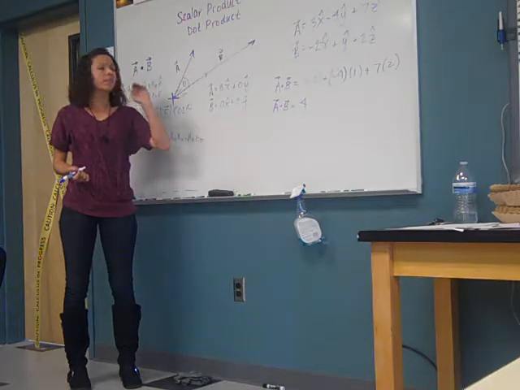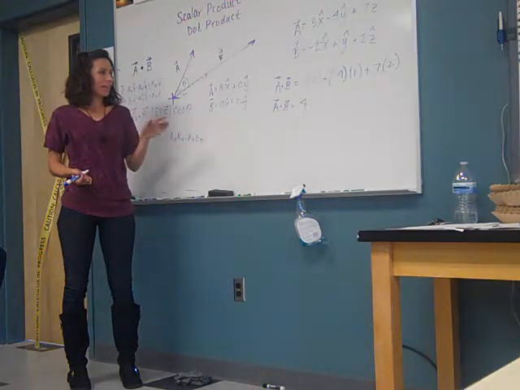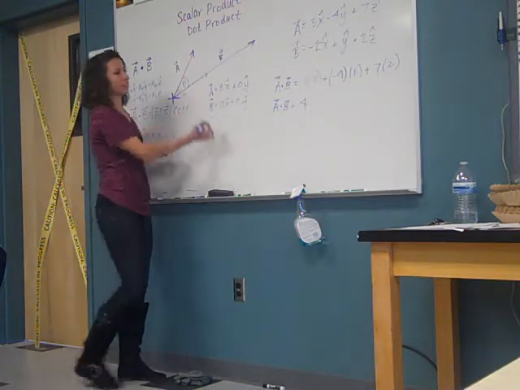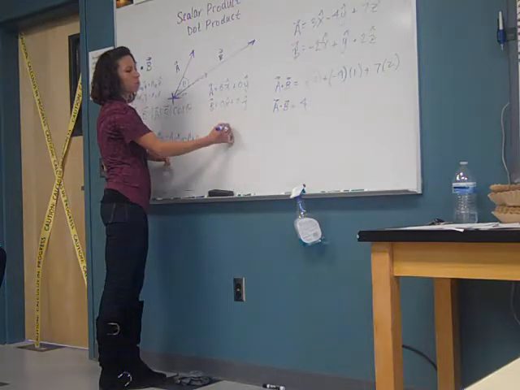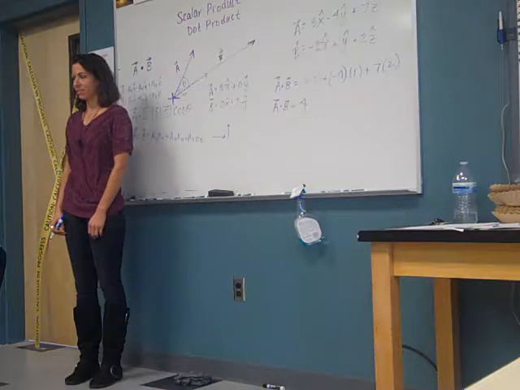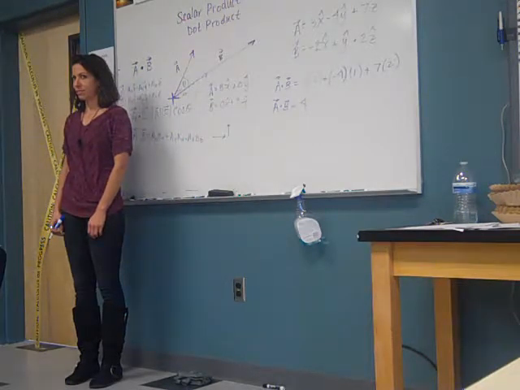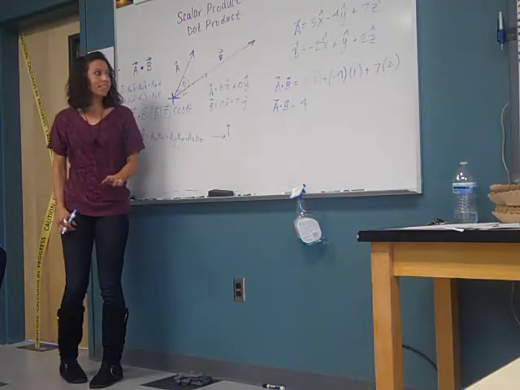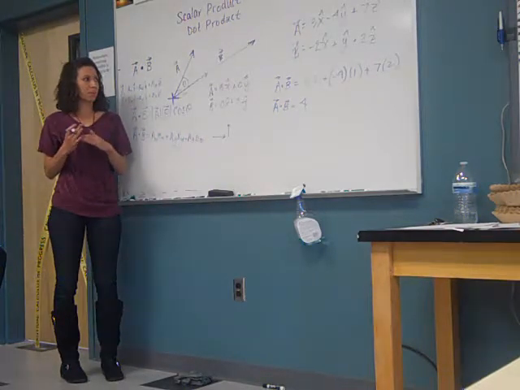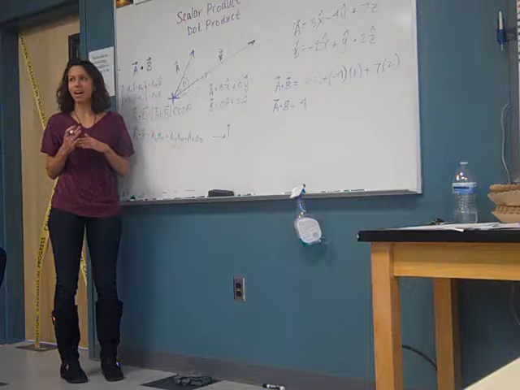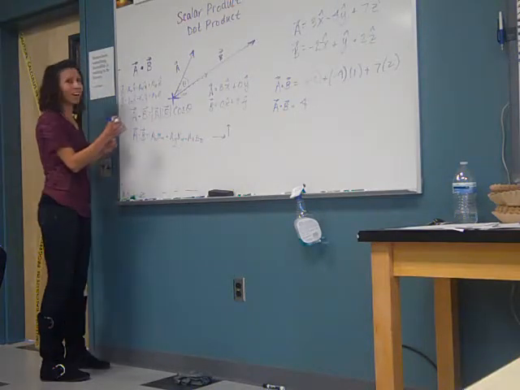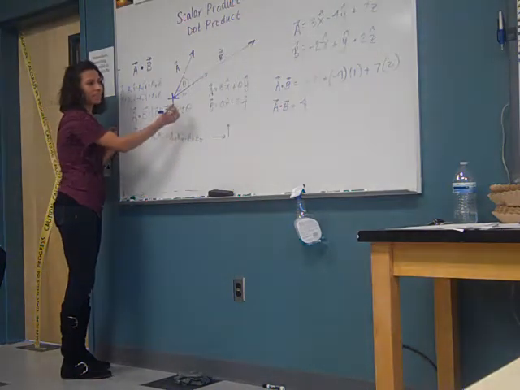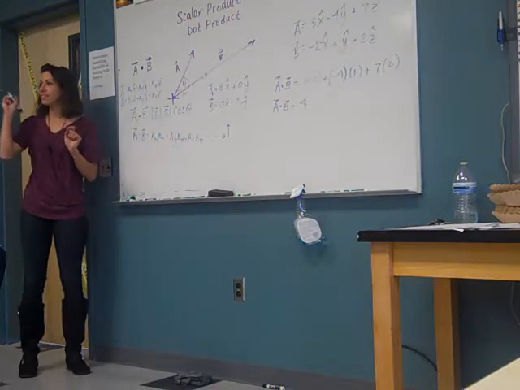The other way to think about it is that the angle between these two vectors, 3x hat and 2y hat, is exactly 90 degrees. Vectors that are perpendicular to one another have a dot product of 0 because cosine of 90 degrees is 0.